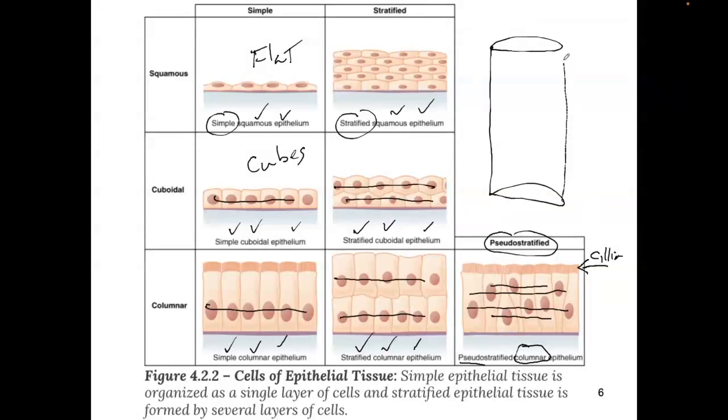And let's say this is the trachea, your windpipe. And we're going to make columnar cells here. How about that? We make a bunch of columnar cells, tall columns. Let's put nuclei in there.